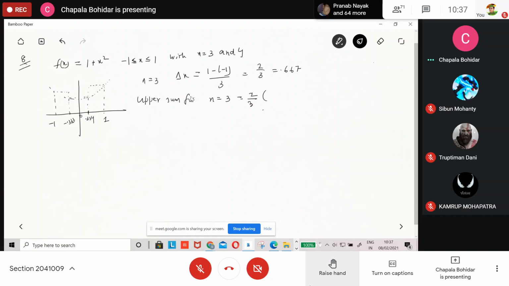The function is f(x) is equal to 1 plus x square. At which point is the functional value maximum on the first rectangle, say S1, S2, S3? Tell me.